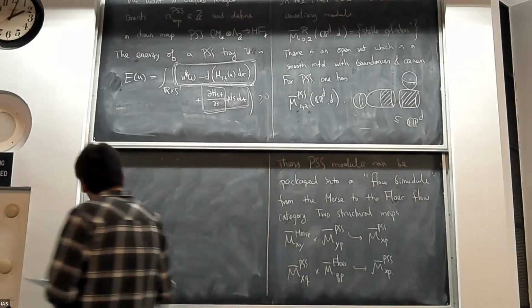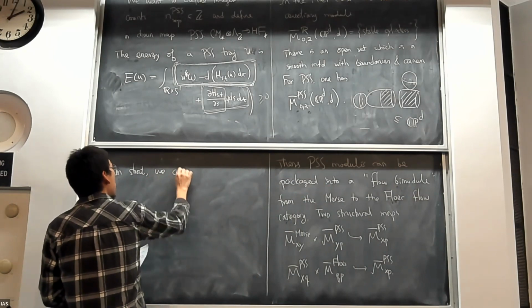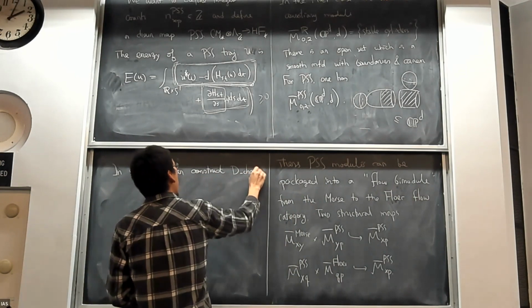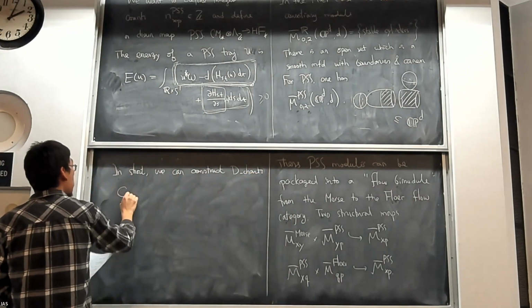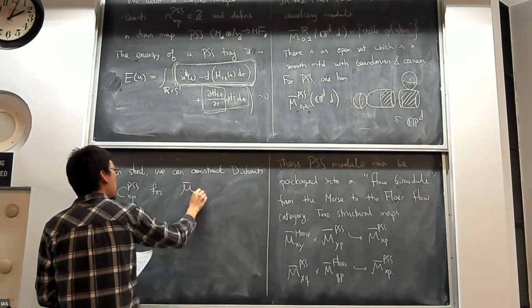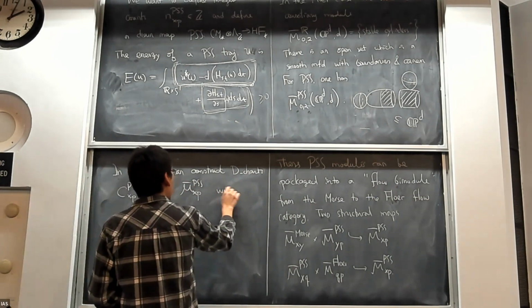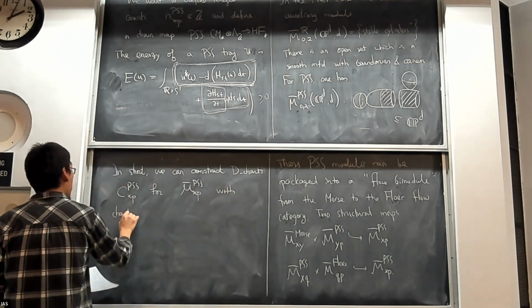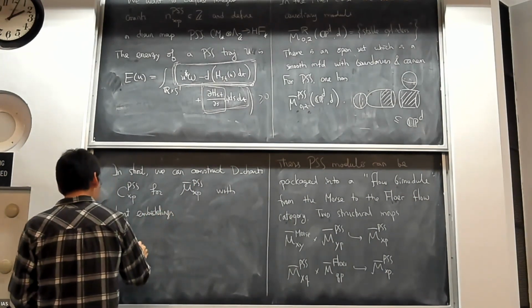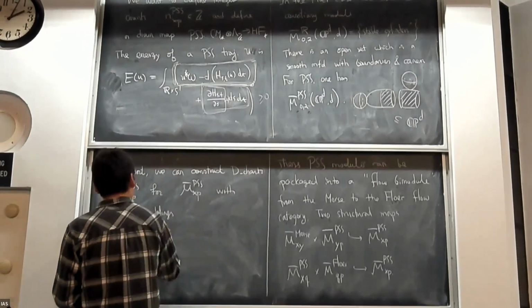So, but in short, we can construct charts for the PSS moduli space with corner embeddings. Two kinds of corner embeddings. Morse cross.